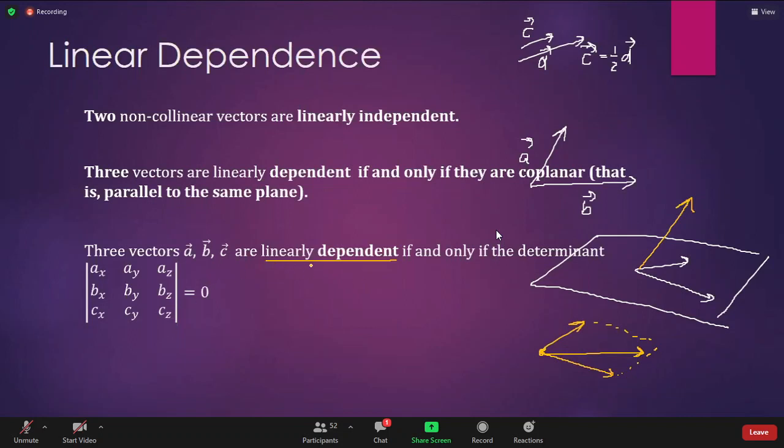Why is that? Why are the vectors linearly dependent if the determinant is 0? Again, a determinant is 0 if one row is a combination of the other two rows. In other words, I can subtract, remember row operations, so that this last row becomes all zeros.